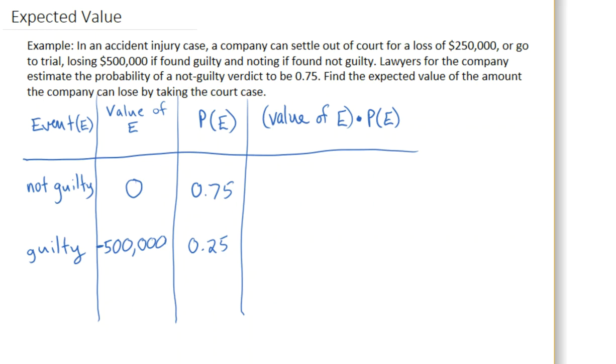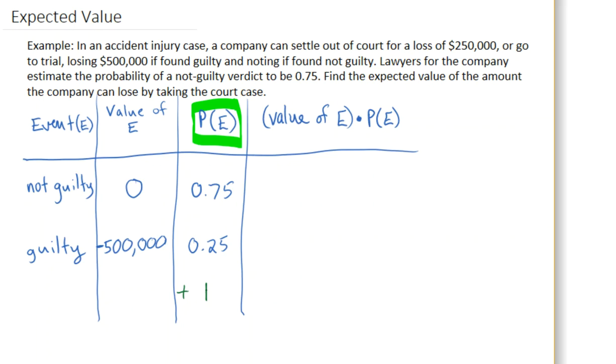So one of the things I always like to emphasize is this probability of E column should add up to equal 1. This isn't part of the process of doing it, but when you're working out your events, you're doing all the possible different things that could happen, and so the probability of all things considered is always 100% or 1.